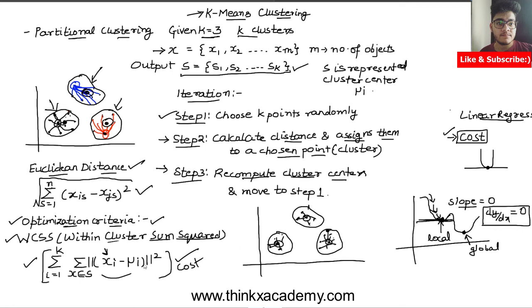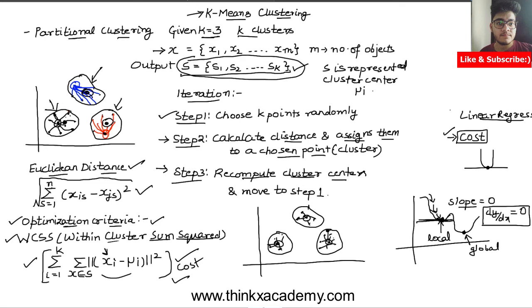So whenever this sum squared distance is equal to 0 or about 0, we will say that now we have reached an optimum solution, and at that step the k-means clustering algorithm will stop, and it will return the clusters as the output, which is in this form, right?